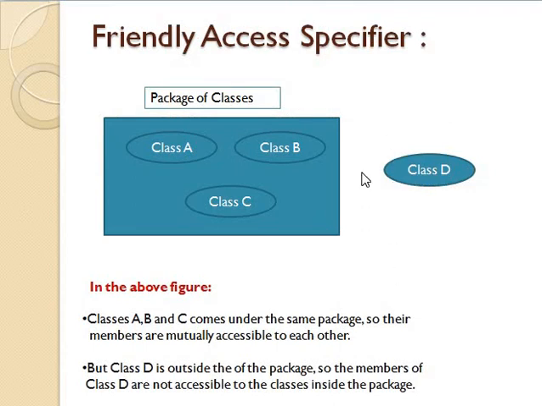Now consider the figure in this slide. This figure consists of three different classes, class A, class B and class C, but they all fall under the same package. But there is one class specified by the name class D, which is a standalone class, as it does not fall in the package comprising the classes class A, class B and class C. Since class A, class B and class C fall under the same package, their members are mutually accessible to each other.